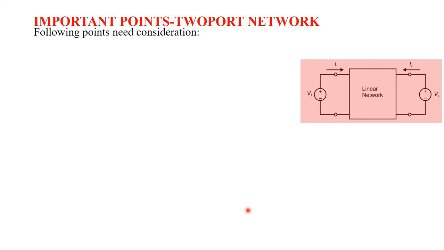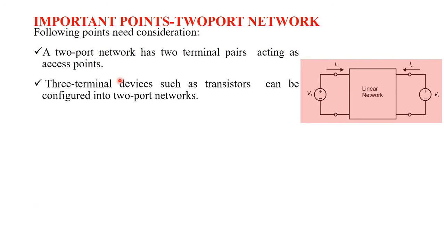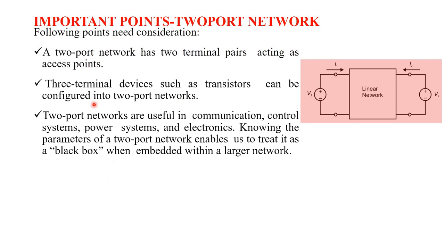Here are some important points of the two-port network we are going to consider. Here this is the two-port network. A two-port network has two terminal pairs acting as access points. Next, three-terminal devices such as transistors can be configured in two-port networks. Two-port networks are useful in communication, control systems, power systems, and electronics.